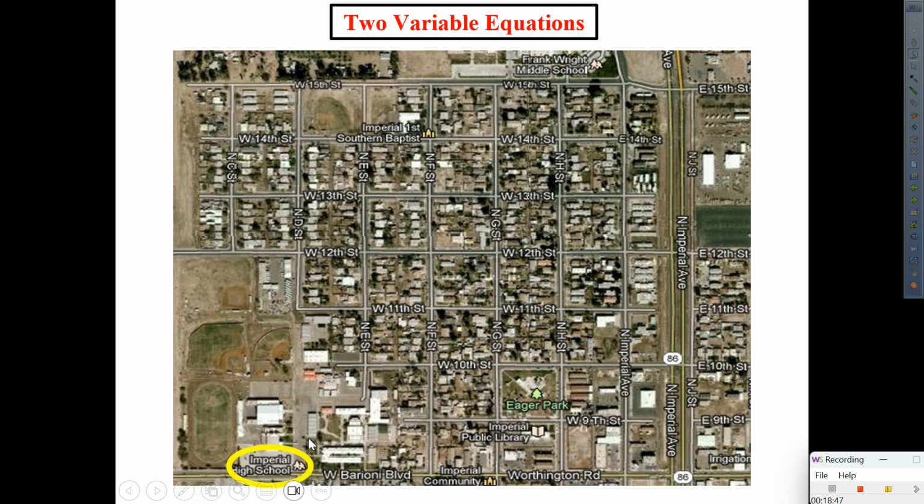Sometime back, there was a family that moved to Imperial, and as I was leaving campus, they stopped me and said, excuse me, sir, I need to register my daughter at the middle school. I said, oh, the middle school is over here. I showed her with my phone, and I brought up Google Maps, and I said, it's up here. You guys see it? And she said, oh, okay.